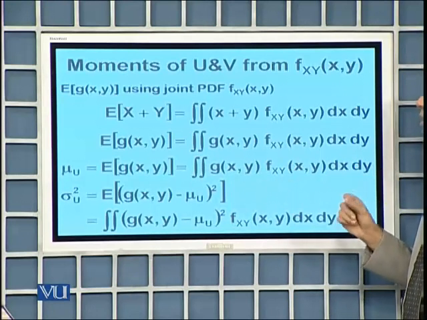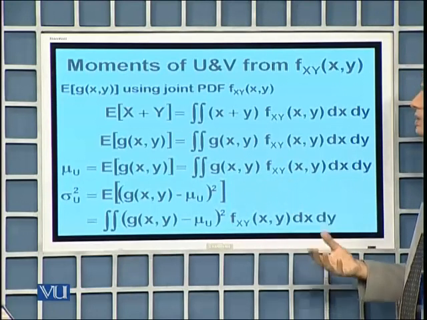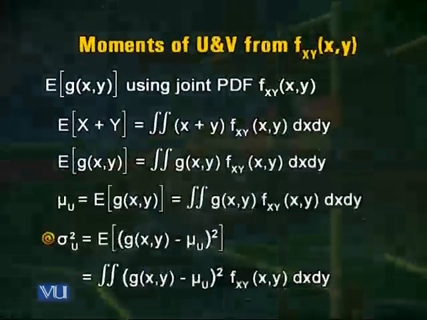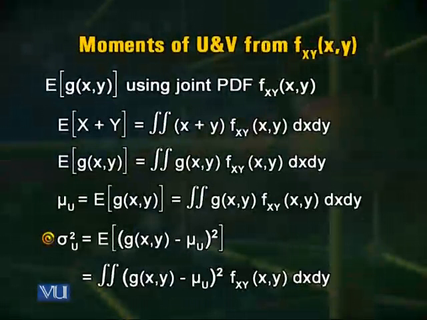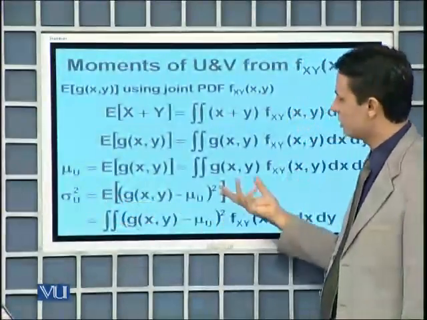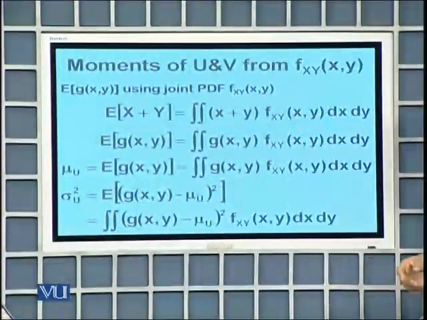Similarly, if you want to find the variance of this transformed random variable u, all you have to do is put the right expression here. Here is the value of u minus the mean value of u, whole square, and if you take the expected value of this expression, you will get the variance of u.